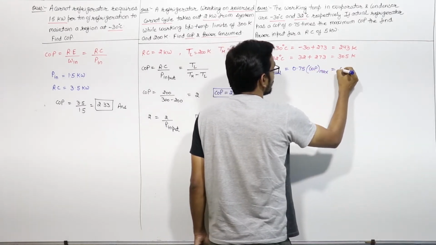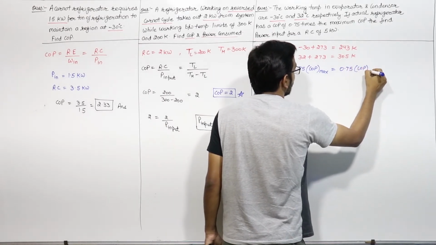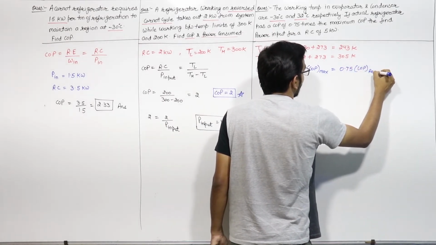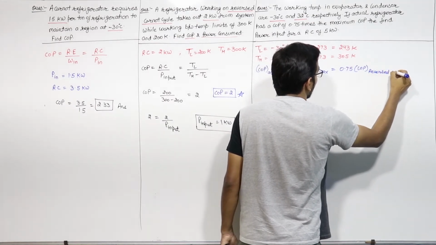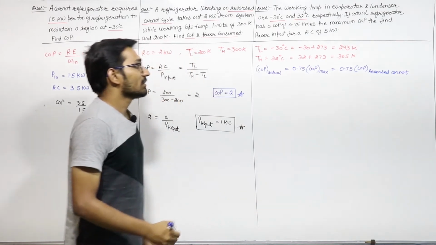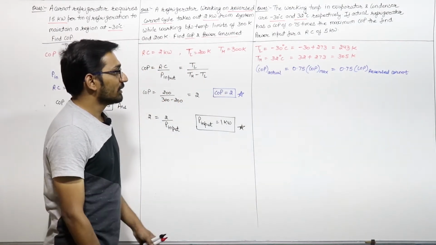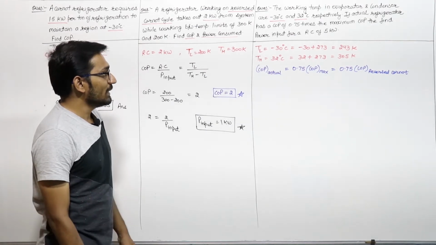Maximum COP means the COP of the reversed Carnot cycle. We already saw that the reversed Carnot cycle has the maximum COP. So the actual COP will be 0.75 times the reversed Carnot COP.